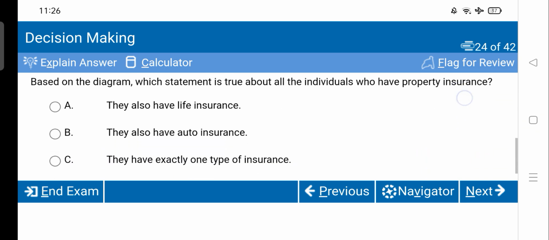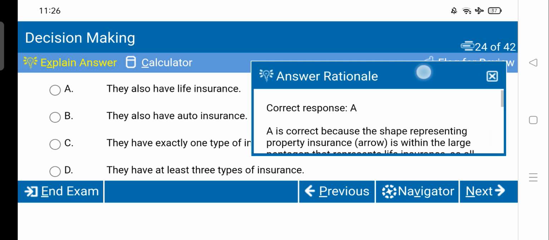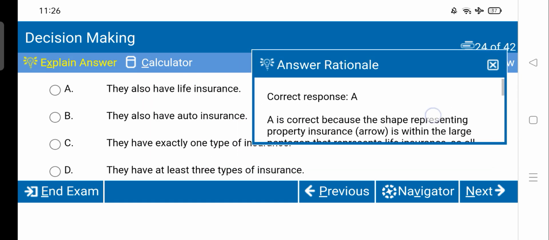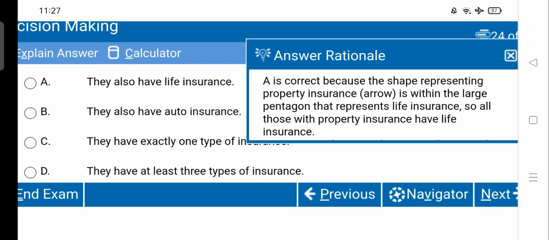So let's see which one is the correct option. The correct response is option A. It is correct because the shape representing property insurance, that is the arrow, is within the large pentagon that represents life insurance. So all those with property insurance have life insurance.